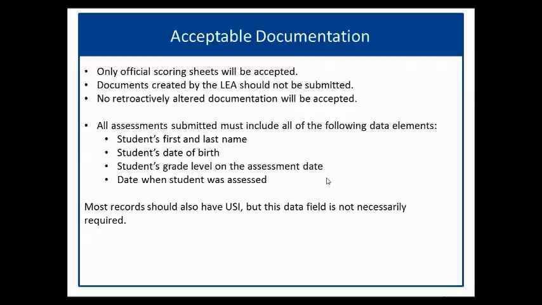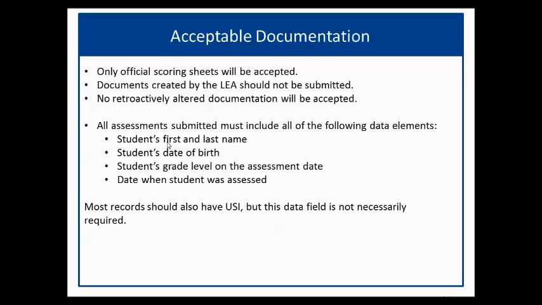Okay, going through the acceptable documentation. So this is all in the handbook and was shared at the other trainings, but I'll go through it quickly here. Only official scoring sheets will be accepted, documents created by the LEA should not be submitted, and no documents that were retroactively modified should be submitted.